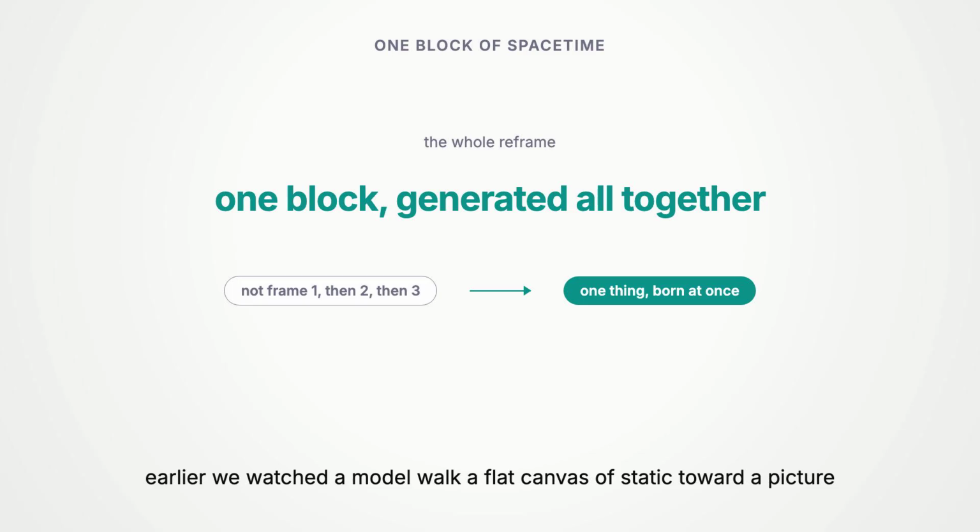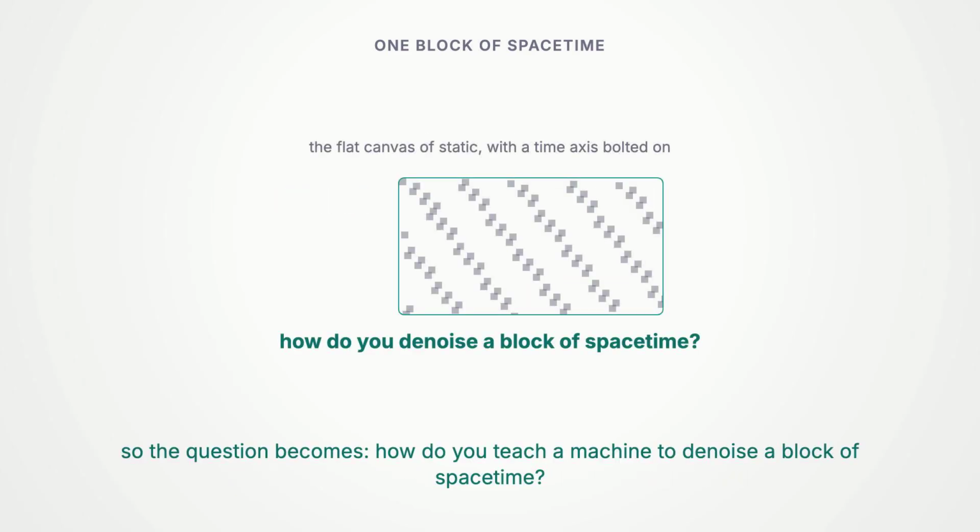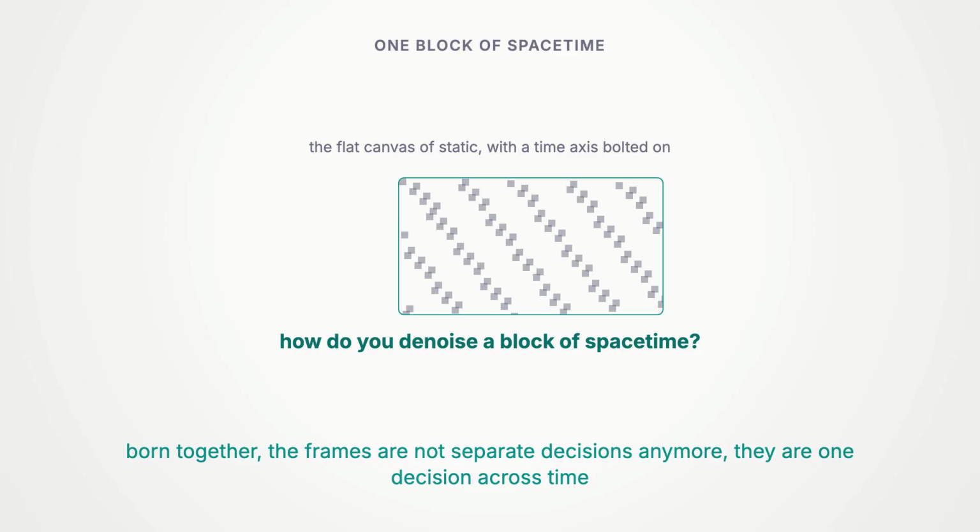The block is just that canvas with a time axis bolted on. The question becomes, how do you teach a machine to denoise a block of spacetime? Because if the whole block is born together, the handle cannot jump between frames. The frames are not separate decisions anymore. They are one decision stretched across time.